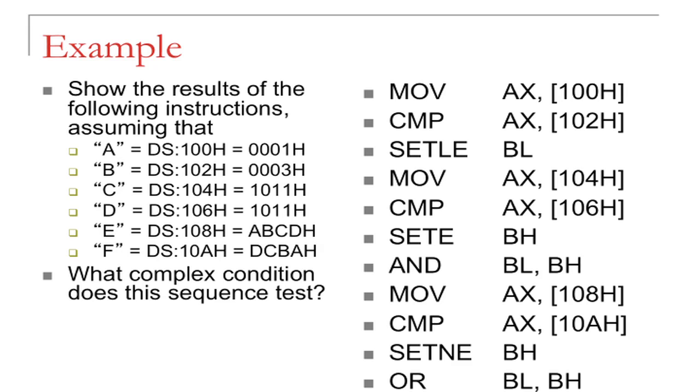So back to your comment, this AND instruction will put the result into BL, and that result indicates the first two condition checkings. And this BL will be used in the very last instruction, which is OR.